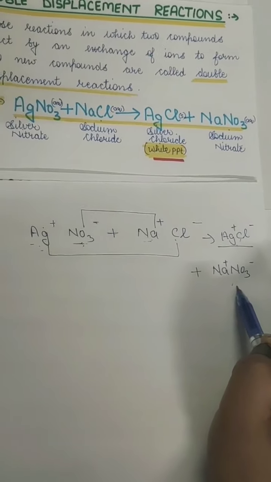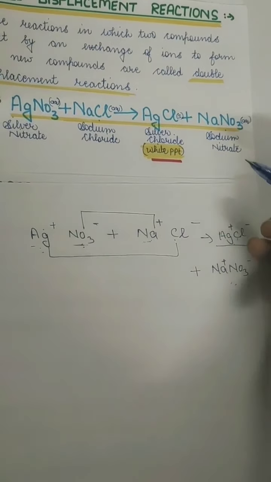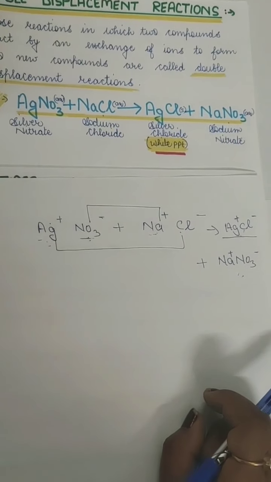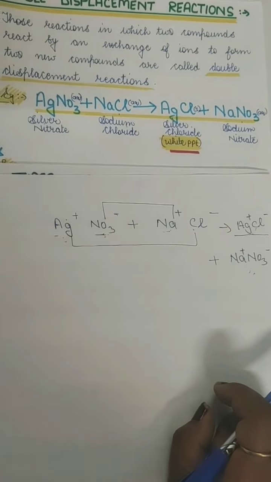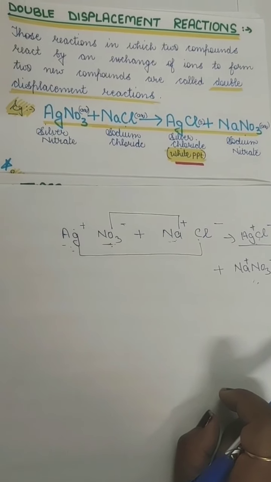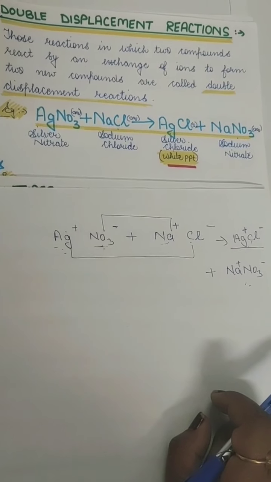Now this reaction is also called a precipitation reaction, because if you see here, I've written white ppt. You have read in your previous video about the characteristics of chemical reaction. In those characteristics, we read about evolution of gas, and one of them was formation of precipitates.